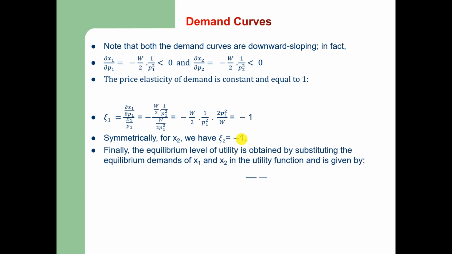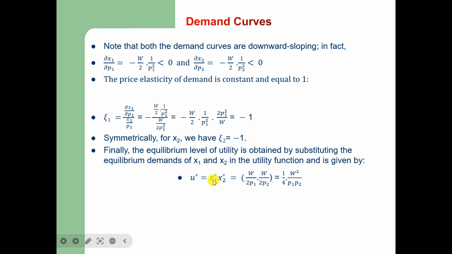Finally, we may also compute the equilibrium level of utility, and that is obtainable by substituting the optimal values of x1 and x2, or in other words, by substituting the Marshallian demand functions in the original utility function, which is given by the following equation. So we may show that u star, the optimal or equilibrium level of utility, is obtained by writing the Marshallian demand functions for good 1 and good 2 instead of x1 x2.